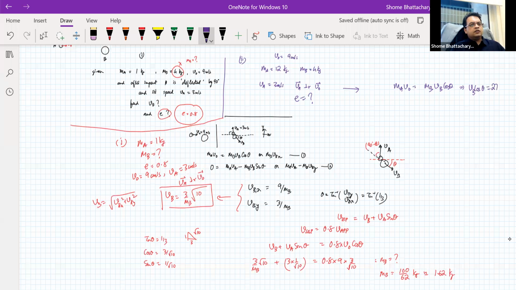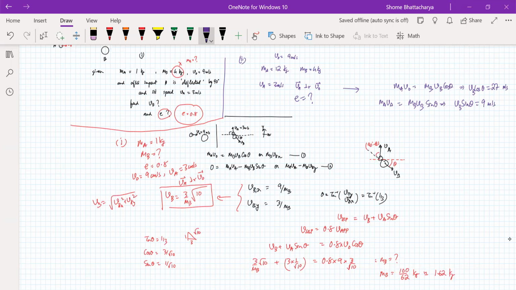So 27 meters per second. And MAVA should be balanced by MBVB sine theta. So we get VB sine theta as how much now? Ratio of masses, that is 3 into VA. So this is 9 meters per second.